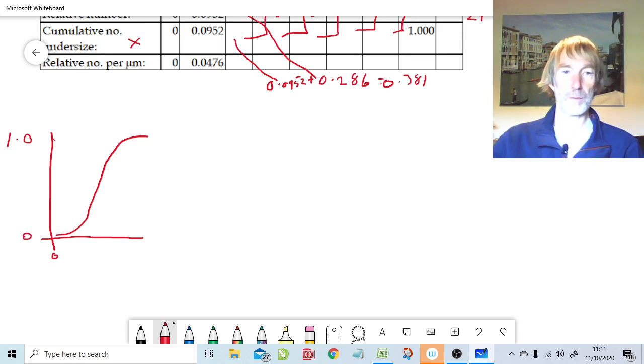If we take the example of going up to 50 microns again, our cumulative number undersize curve will look something like this. We're plotting against the upper grade boundaries in our table, and this is what we'll get.